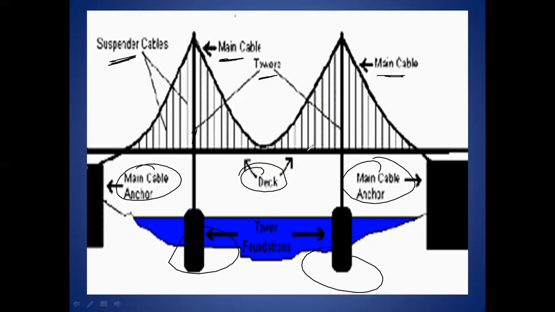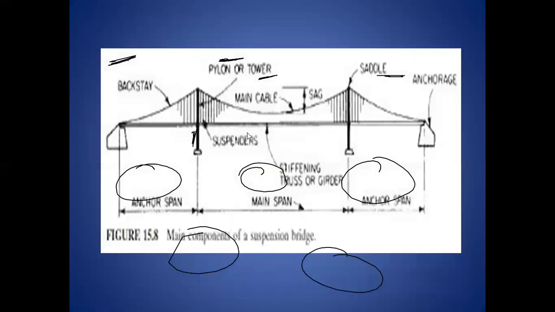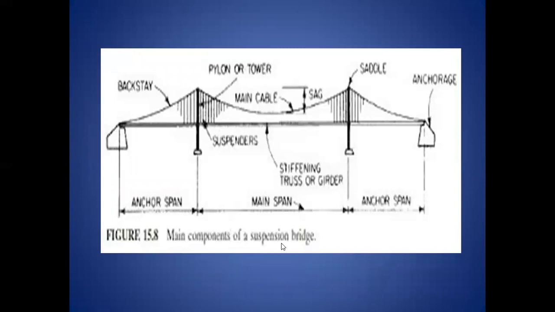What is the shape of the cable, what is the length of the cable, etc. That we have to consider. This is again the main components of suspension bridges: pylon or the tower, then anchorage, suspenders, and the main cable or the suspension cable.